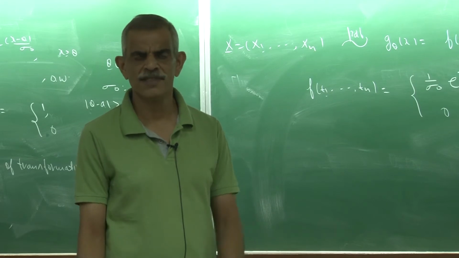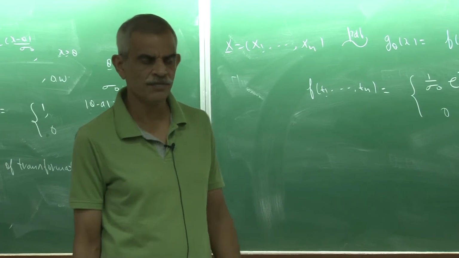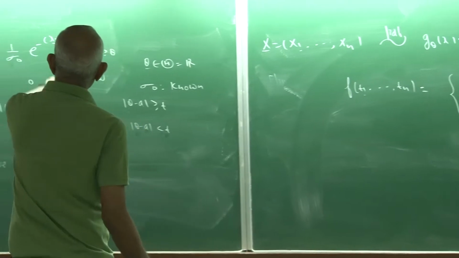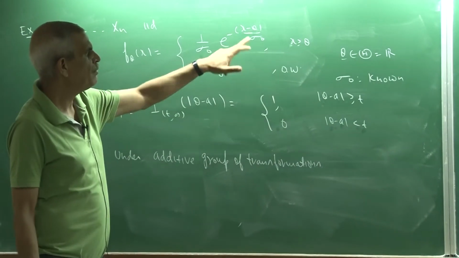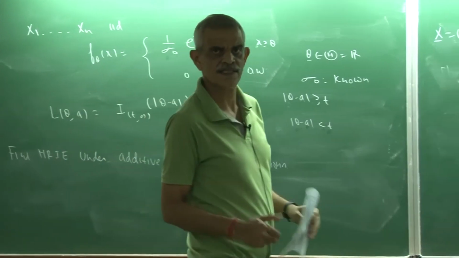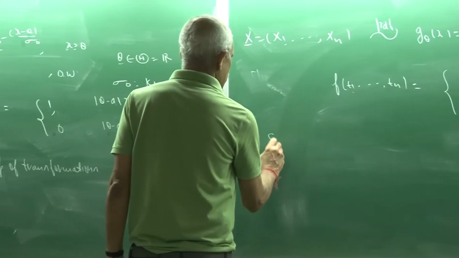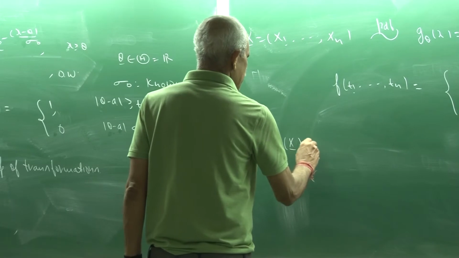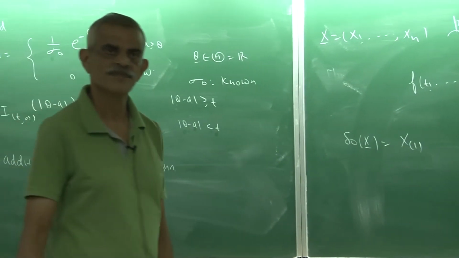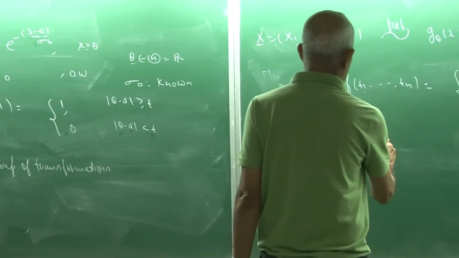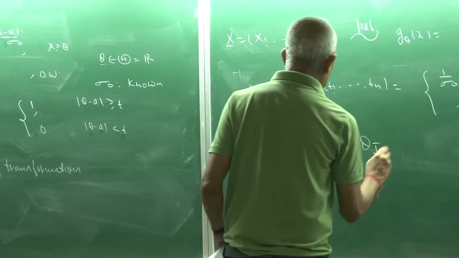So the first thing I do is check whether I can make use of Basu's theorem, which I am able to do because it is a one parameter family, and I know that in this case the minimum order statistic is the complete sufficient statistic. So delta naught x I take as X1, the minimum. This belongs to D. Why?